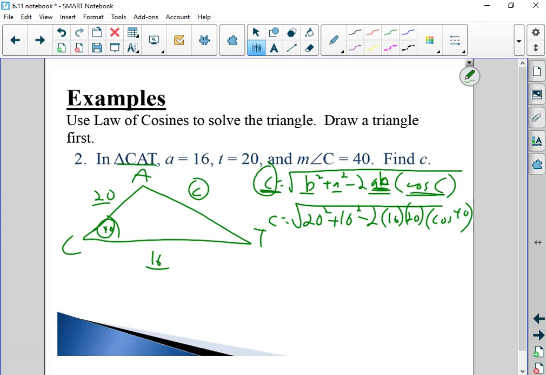You can type this whole thing in. I personally like to just slow down and take it step by step. So 20 squared plus 16 squared, just to see what's happening, is 656. Minus, and now I'm going to do 2 times 16 times 20 times cosine of 40.